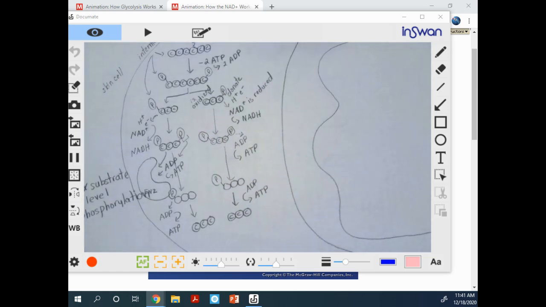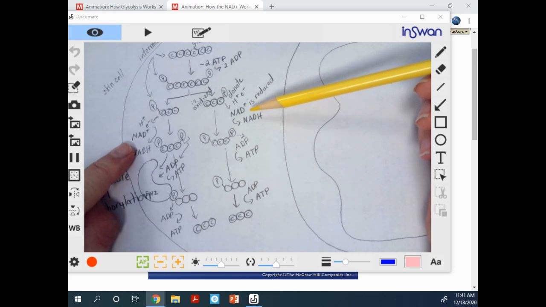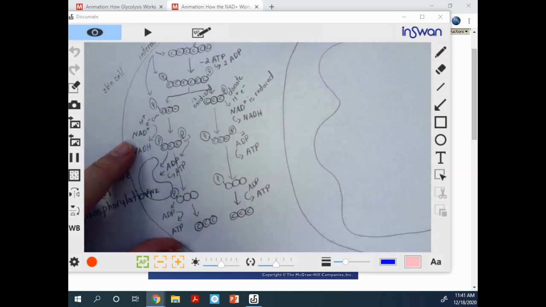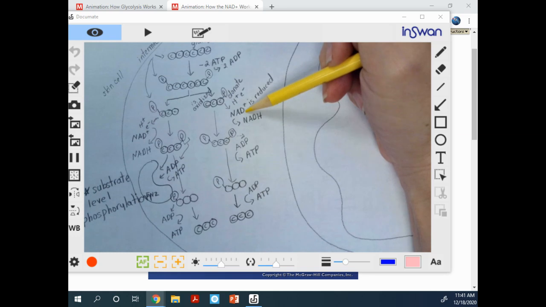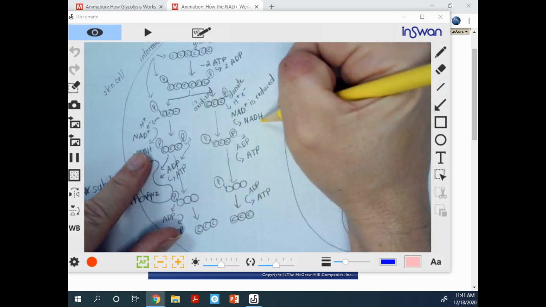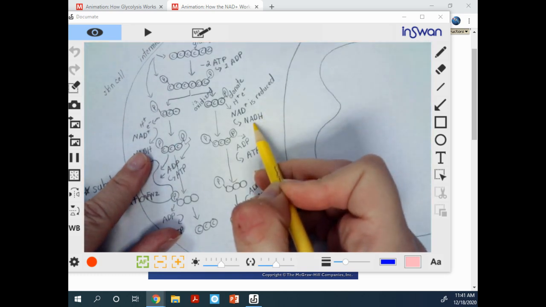Now, a couple little bits of information, and let's grab our color pencil. I'm going to talk about these coenzymes, NAD+. I like to call them the buses, because it's a good relation to what buses do. They pick up things, they get loaded up, they get reduced, they get closer to the ground the more you put on them. And then buses can go somewhere and unload. That is what we are eventually going to see happen with the NADH.